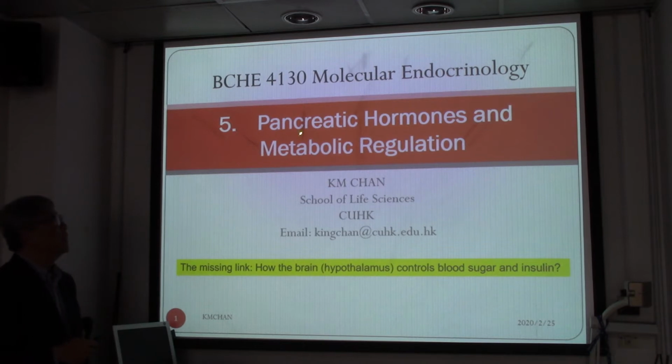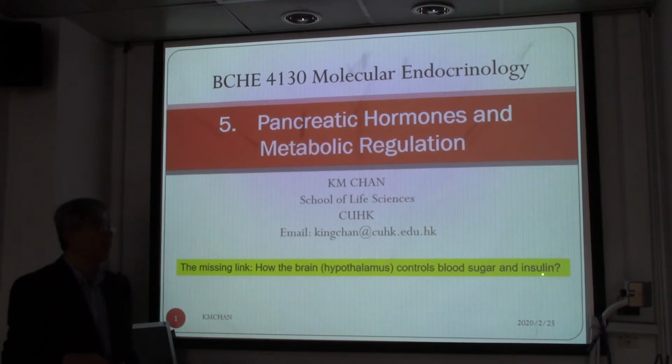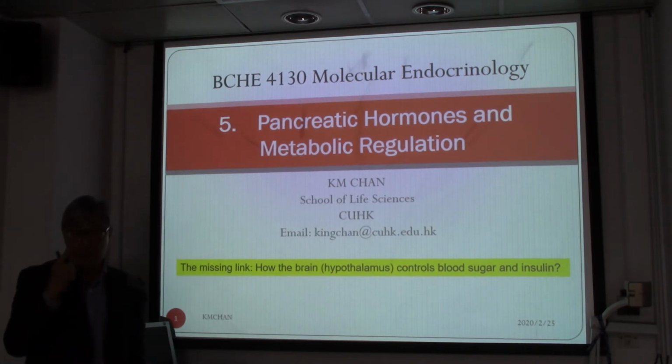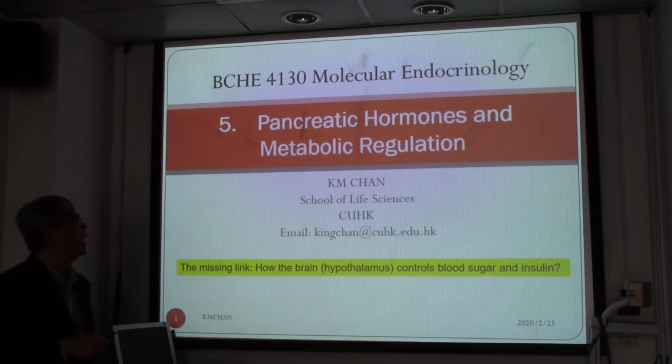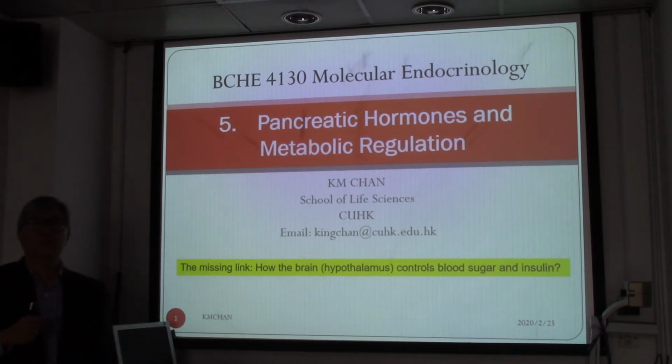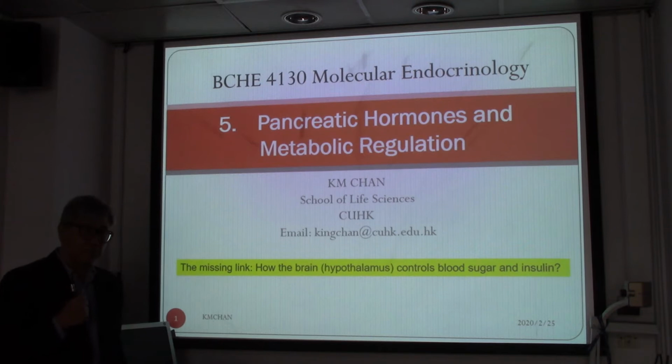And I put this up here mainly because the missing link of how the brain controls blood sugar and insulin is still not clearly understood. We only understood exactly 100 years ago that a hormone from the pancreas called insulin could regulate blood sugar.